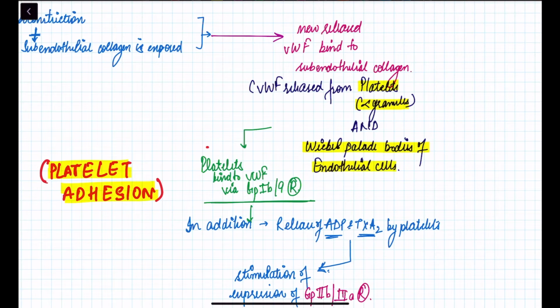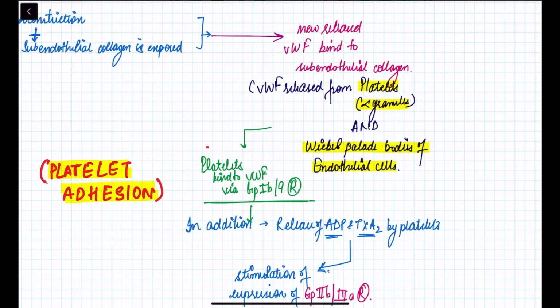Now, the subendothelial collagen is exposed. Von Willebrand factor binds to the subendothelial collagen. Now, the platelets have a receptor that identifies the bound von Willebrand factor, and they bind to it. So the platelet binds to von Willebrand factor via the GP1b-IX receptor, and there are pathologies related to that.